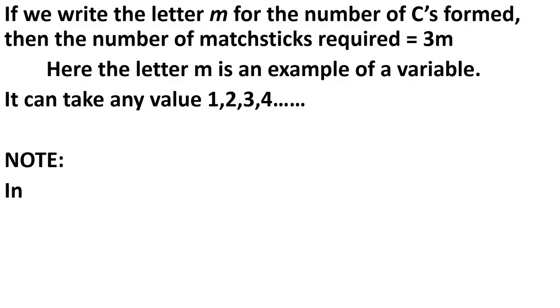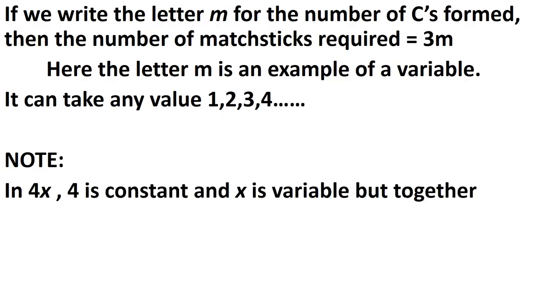Note one thing. In 4x, 4 is constant and x is variable, but together 4x is variable. In algebra, you will read 2 new words, variable and constant. Constant means fixed. Variable means which can change.